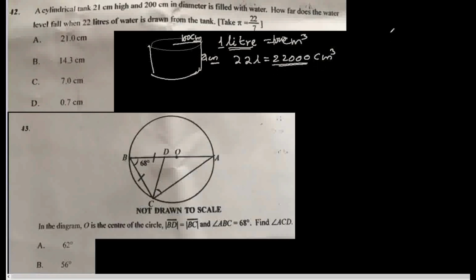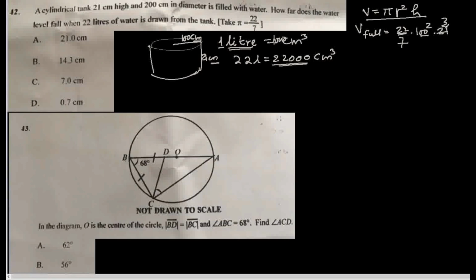We know that the volume of a cylinder is pi r square h. So let's find the volume of the full tank. Volume of full tank will be, pi is given 22 over 7, r is 100 square and height is 21. 7 and 21 cancel here.